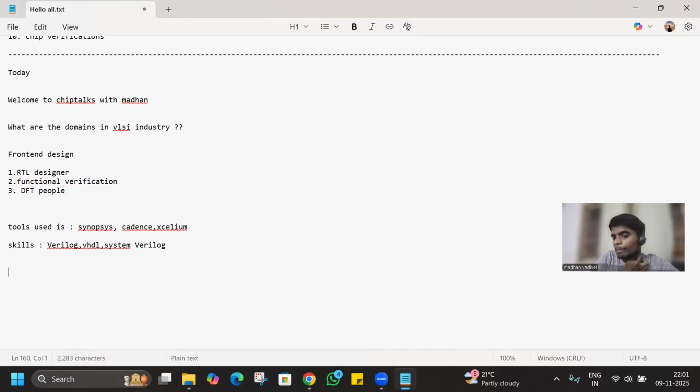Next comes the back end designer, the back end engineer. PD people are the back end designers. PD means physical design. As I already told, physical design people design the logic physically on the chip.